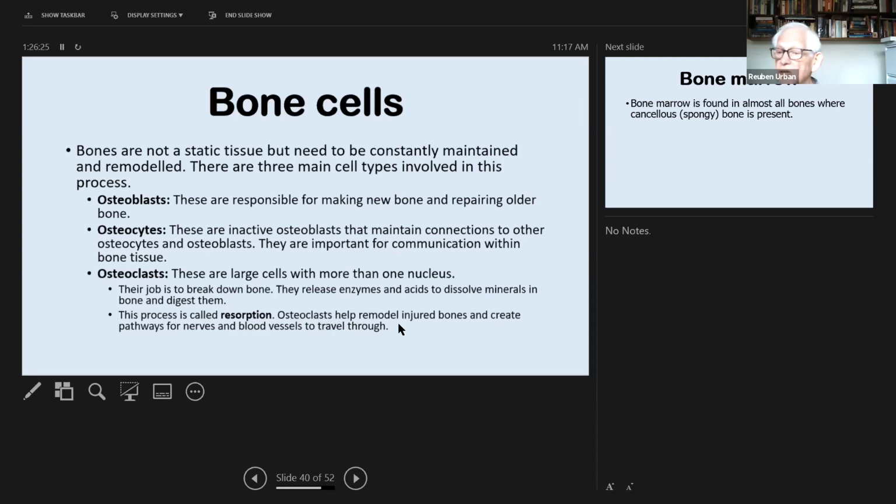So if you break a bone, then you end up with dead bone tissue. Remember, it's living. So the dead bone tissues are broken down, and the osteoblasts create new ones, new pathways, putting in nerve cells, blood cells. It all fits in very nicely.